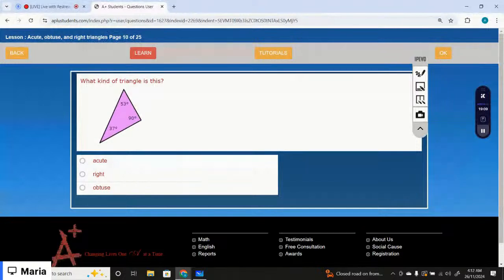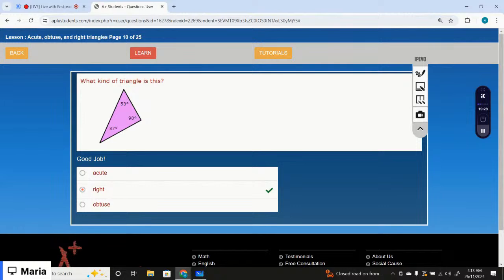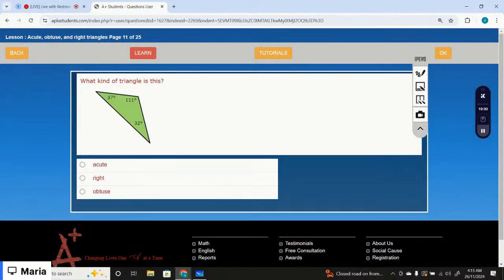What kind of triangle is this? Which is the correct option? That is right angle triangle. Option number two is the correct option. What kind of triangle is this? Which is the correct option?